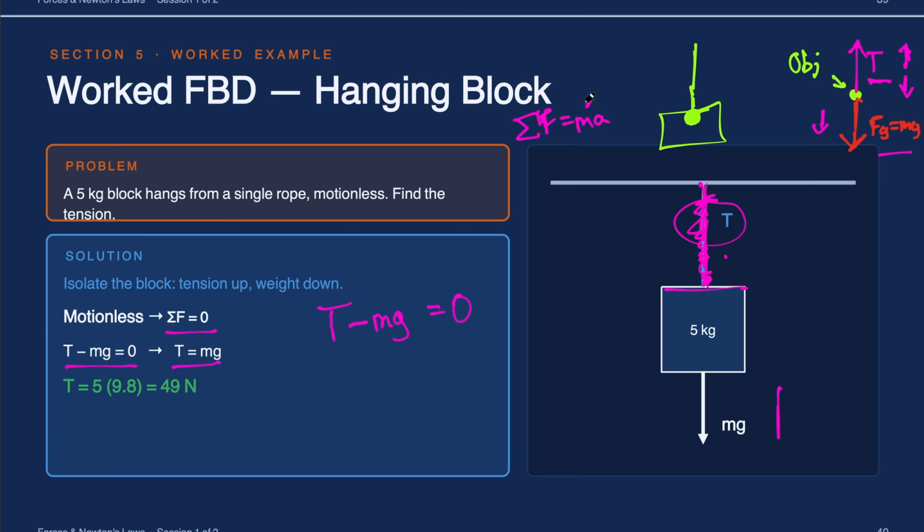Because m is constant, if net force is something other than 0, that means a has to be playing a role. So that means you have to have an acceleration, which we don't have here. So T is equal to 5 times 9.8, because the block is 5 kgs, times 9.81 meters per second squared, or 49 newtons.